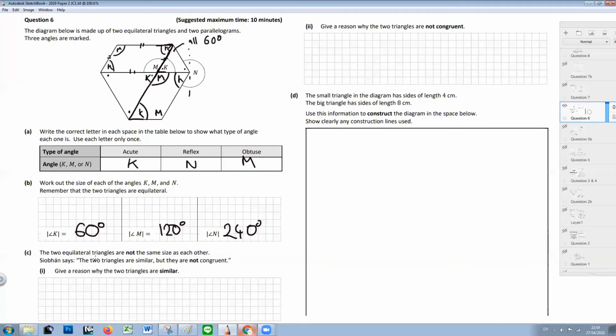So down here, the two equilateral triangles are not the same size as each other. Siobhan says the two triangles are similar, but not congruent. Give a reason why the two triangles are similar.